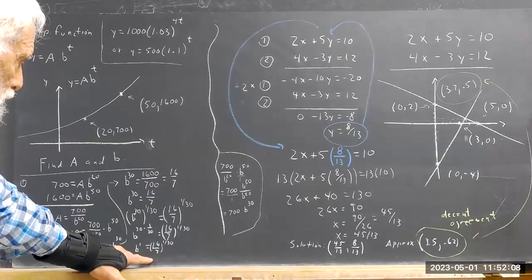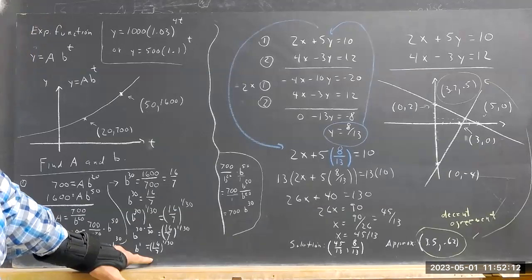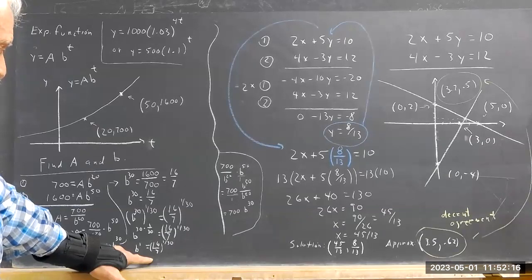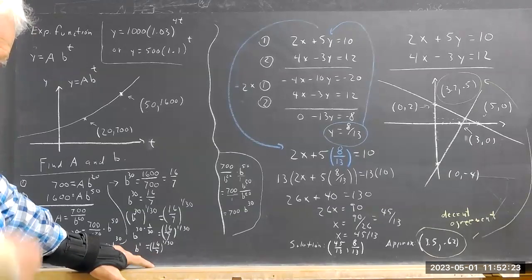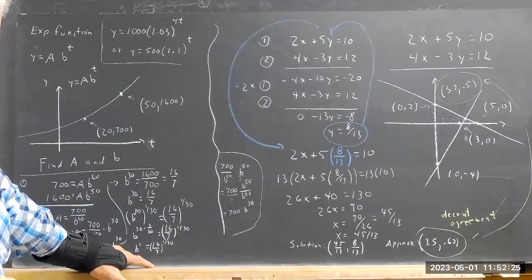Now, you probably can't do a 30th root in your head, and I can't do it all that accurately in my head, but it's kind of fun. So 7 into 16 is pretty close to 2 1/4. And the square root of 2 1/4 is 1 1/2. And then the square root of 1 1/2 is about 1.23.